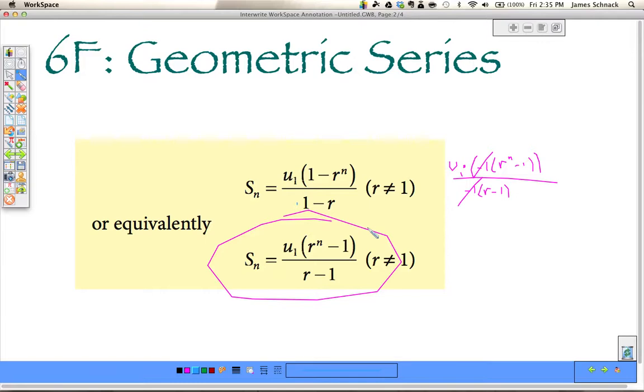So it really depends on the problem you're dealing with and which one you like more. Do you like having two options? Does it matter to you not to divide by a negative? It's really up to you. They're equivalent, and they're not a whole lot different. The only thing is, it can sometimes help you avoid negatives depending on which you use.